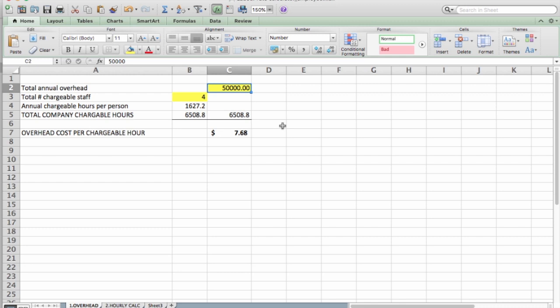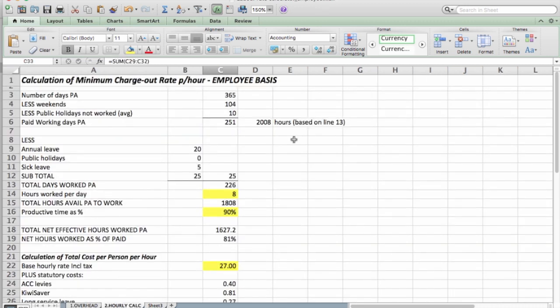So let's add another, say, $25,000 allowance for you as a manager. Let's bump that up to $75,000, true overheads of the business. And in my business here, I've got 4 chargeable people who I'm able to recover my overheads with a labour charge out.